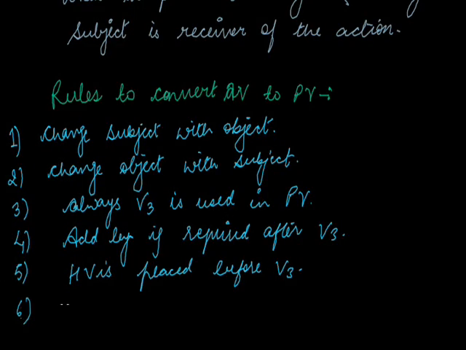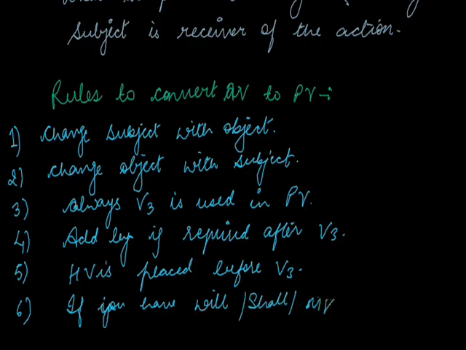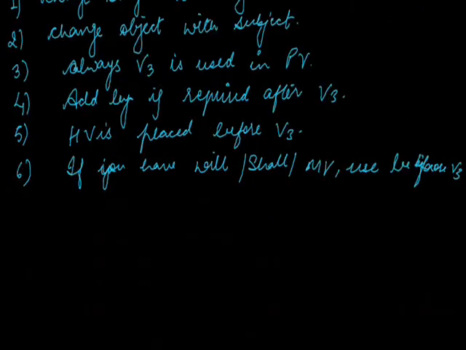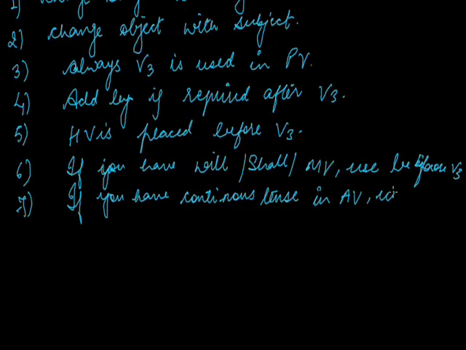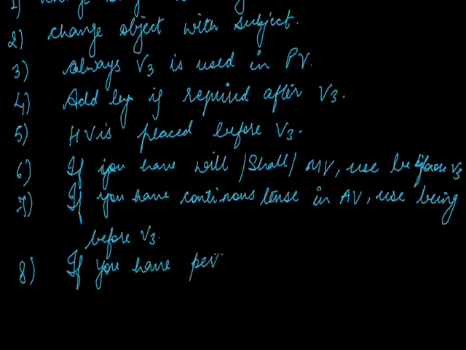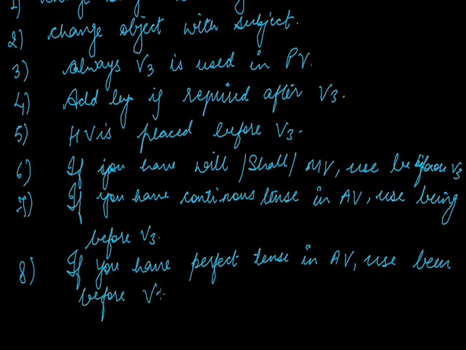Now, next rule is that if in your active voice you have will, shall or any modal verb, we use be before V3. Next rule, if you have continuous tense in active voice, we use being before V3. Next rule, if you have perfect tense in active voice, we use been before V3.